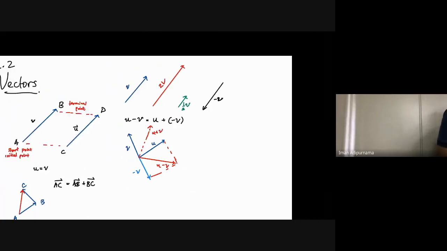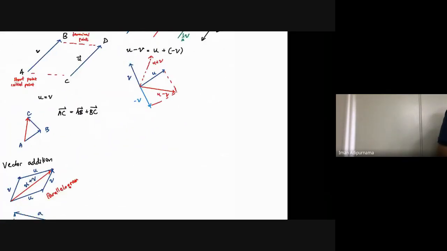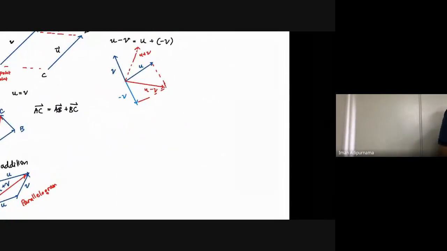And now, after we define the length, the geometric space for the vectors, we can also define the components of a vector, which is related to the coordinate system.